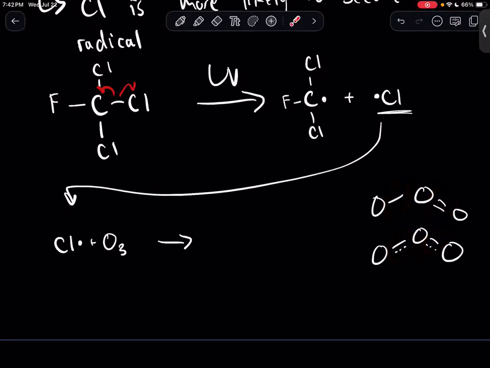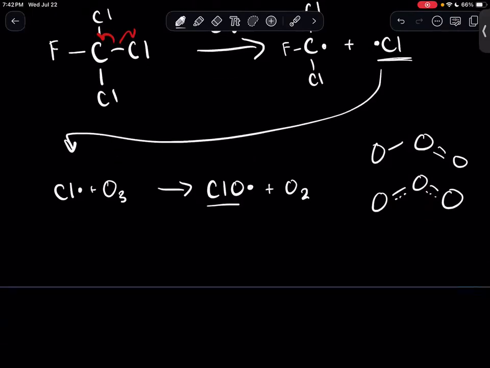This creates a target for the radical to pounce on. So it will attack those weaker bonds, trying to form its own covalent bond, and it will succeed, creating ClO radical plus oxygen.